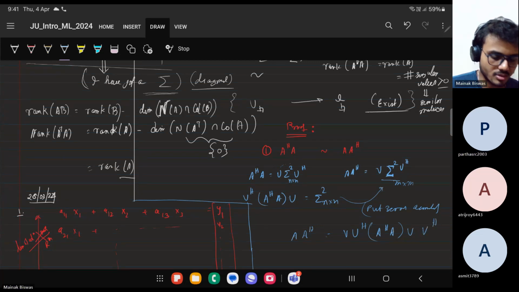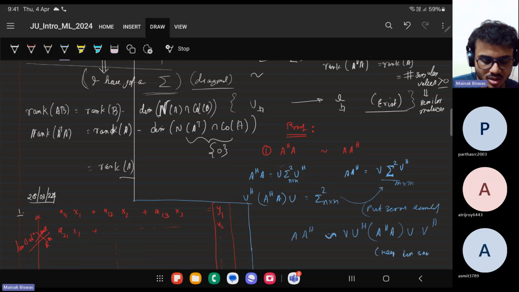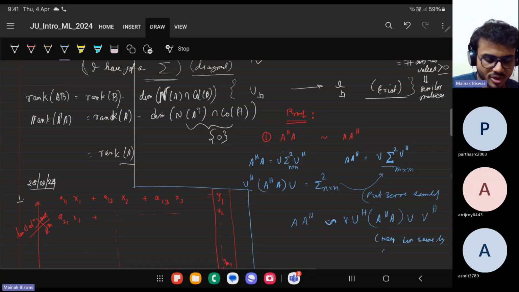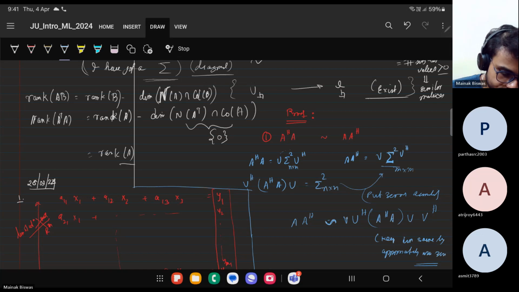And this is similar to this. Keep the dimensionality the same by appropriately using zeros. Okay.